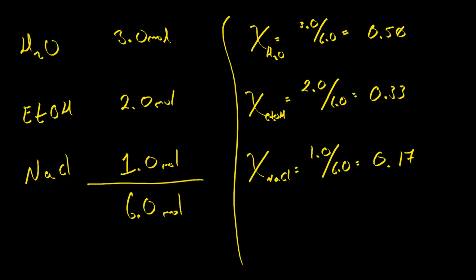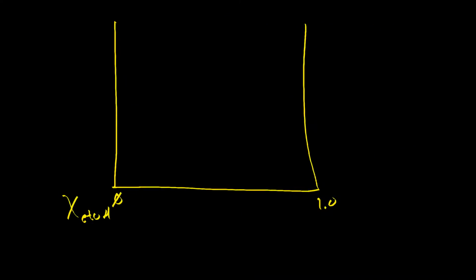And there are various reasons to do this. It's a handy way of talking about mixtures. So, for example, you can chart it very straightforwardly. So here we have just a simple chart showing the mole fraction of ethanol along the bottom, going from 0 to 1.